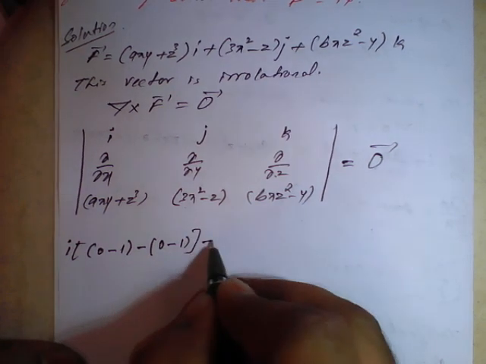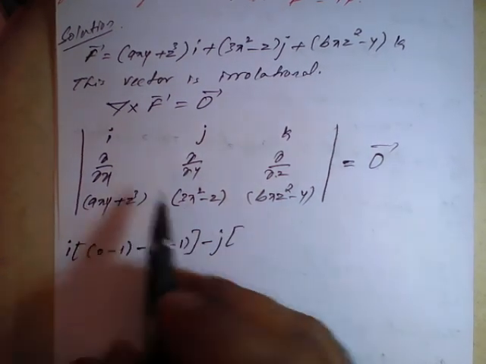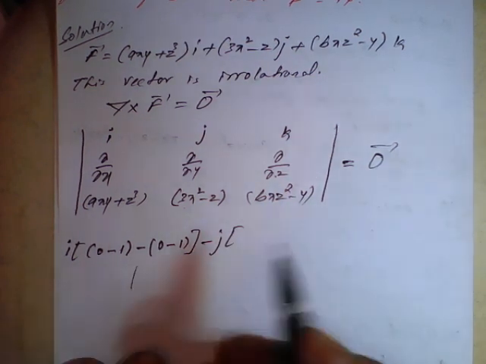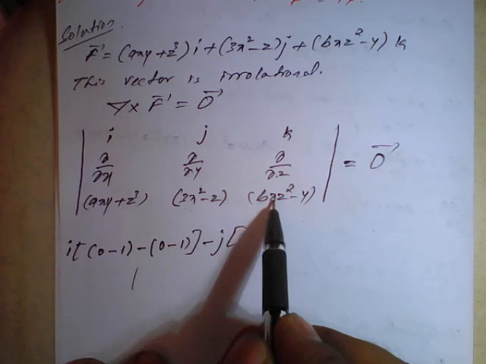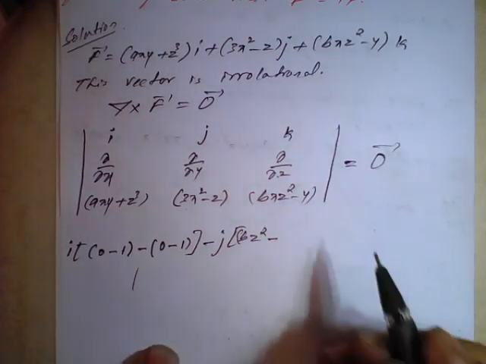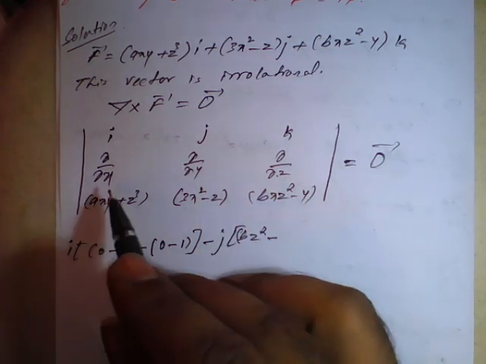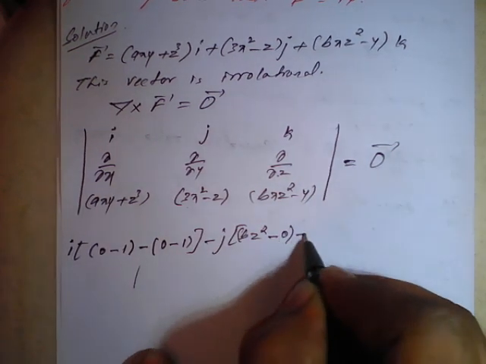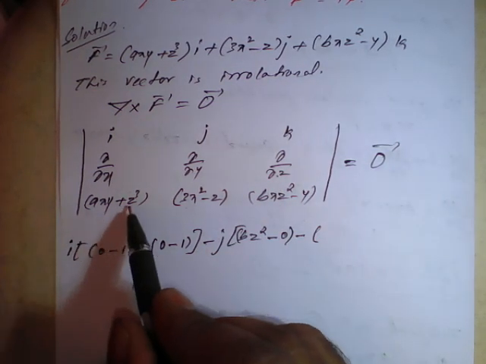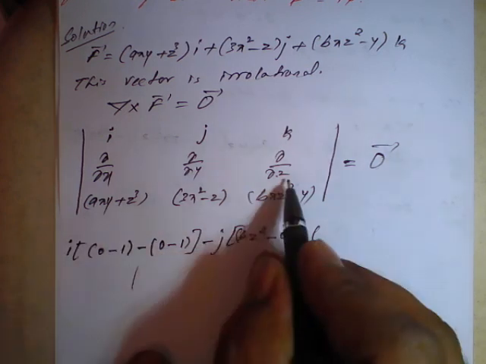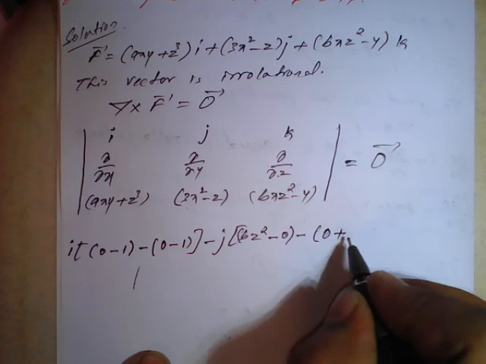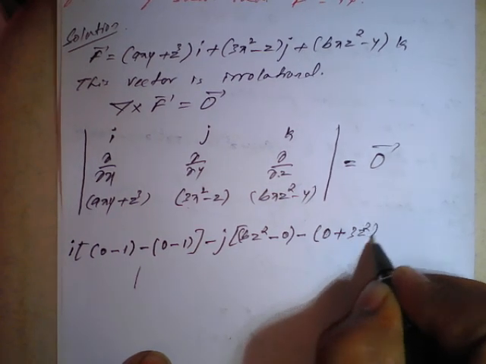Close it. Minus j times dou by dou x of bxz square minus y. The partial derivative of bxz square with respect to x is bz square, minus the partial derivative of minus y with respect to x, which is 0. Formula minus, then dou by dou z of axy plus z cube: axy with respect to z is 0, plus z cube with respect to z is 3z square.